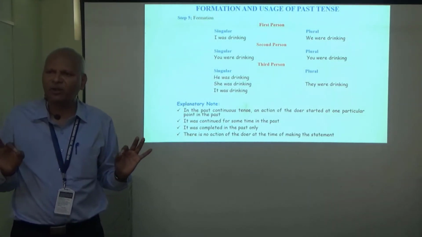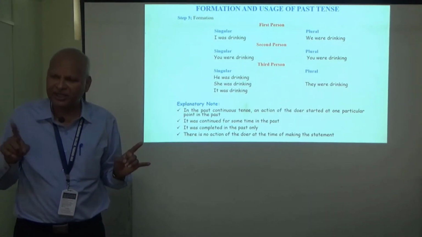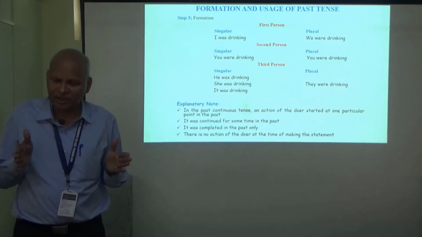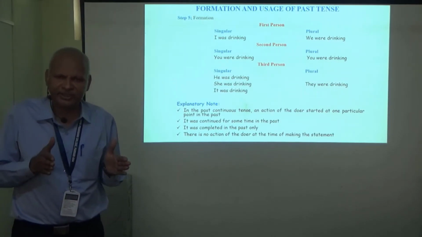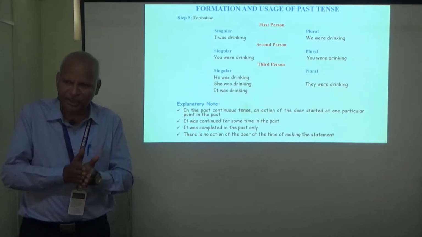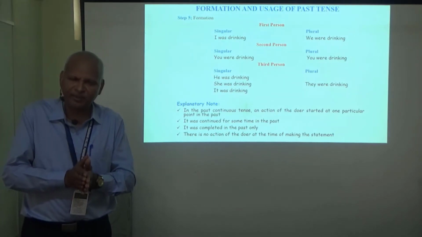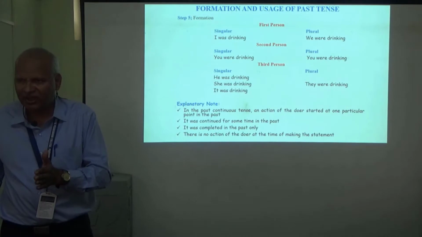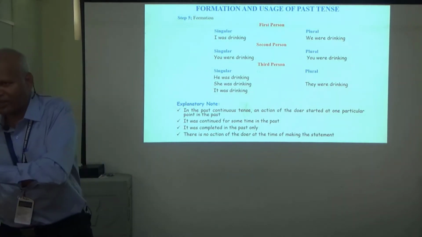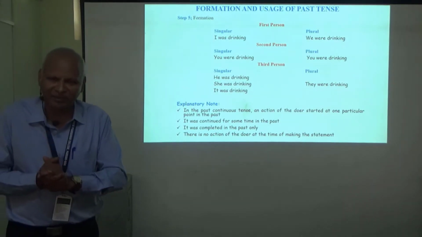The action is completed totally in the past. Still it is in the past continuous tense, but at the time of making the statement, there is no action as such. It means in this tense, the action of doing something started sometime in the past, continued to some extent in the past, and completed in the past at one particular point of time.